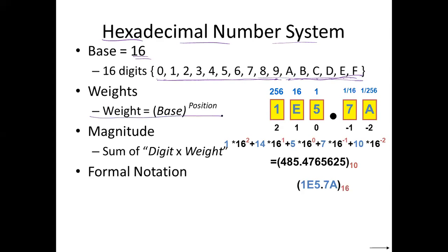Weight is defined by the same formula, base to the power position. Base is 16, and the magnitude is defined by, again you will use the same formula, that is summation of digit into weight. So one example, given number is 1E5.7A.